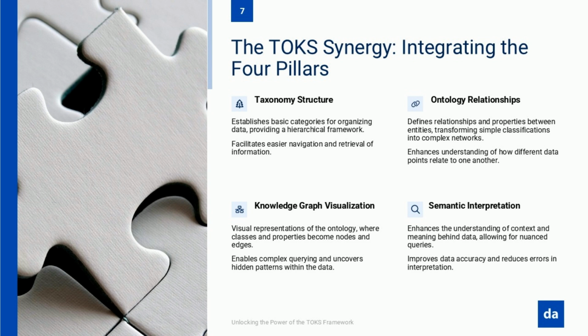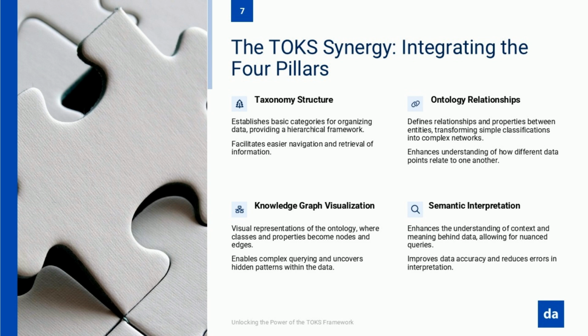This ontology would form the basis of a knowledge graph, visually representing the vast network of compounds, targets, and diseases. Semantic analysis would then be applied to interpret research papers, clinical trial data, and other relevant information, enriching the knowledge graph with contextual understanding.